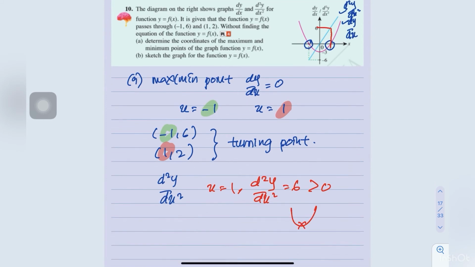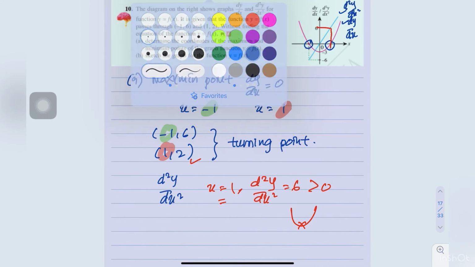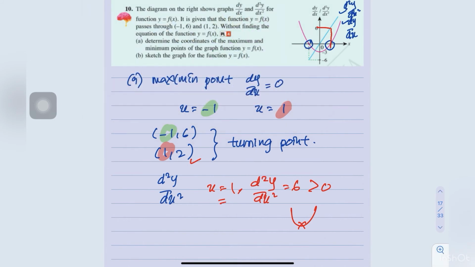So therefore, this one is a minimum point. So (1, 2) is the minimum.